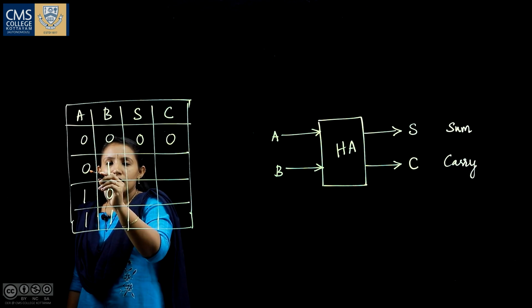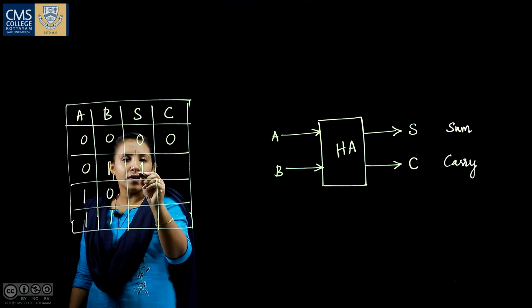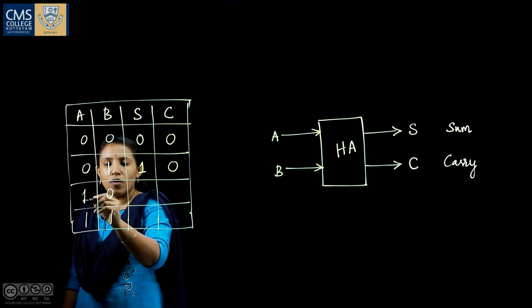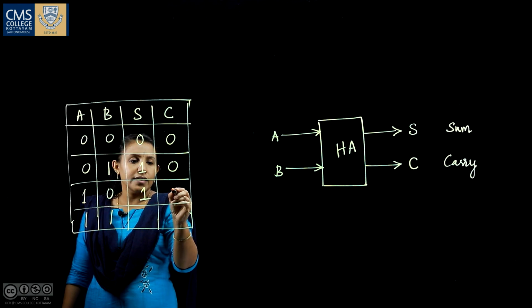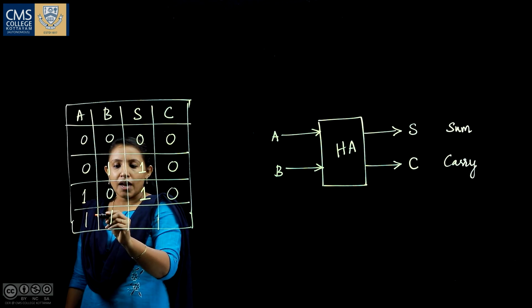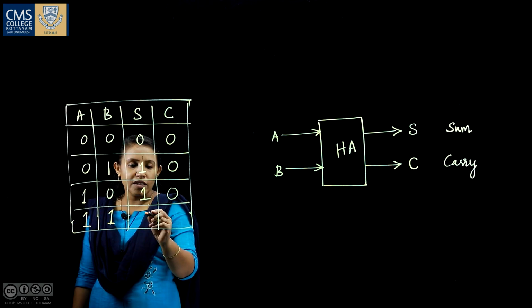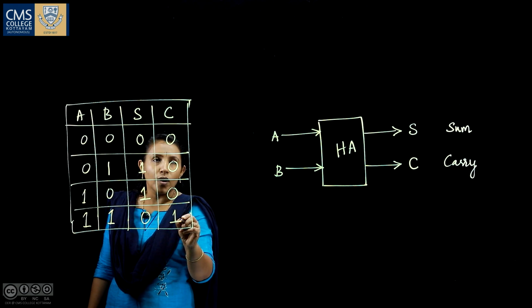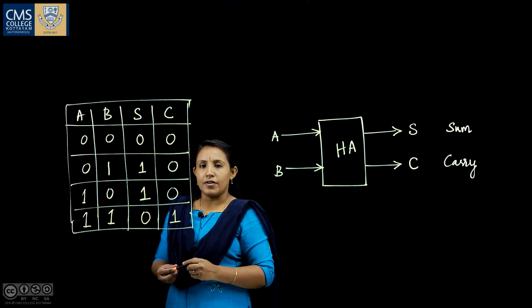Addition of 0 and 1 will give you a sum of 1 and a carry of 0. Addition of 1 and 0 will give you a sum of 1 and a carry of 0. Addition of two binary ones will give you a sum 0 and a carry 1. So, this is the truth table of a half adder.